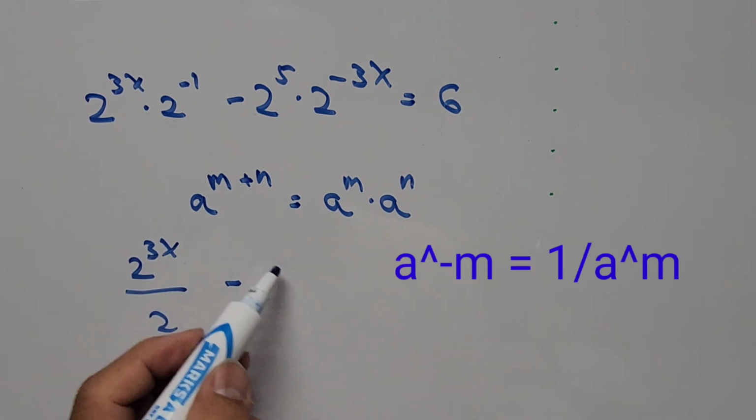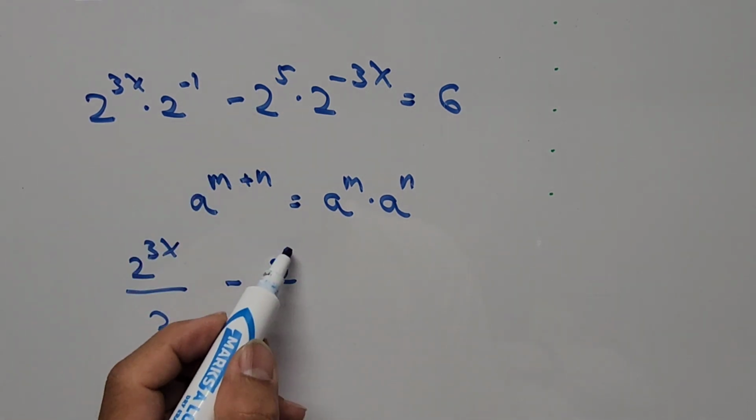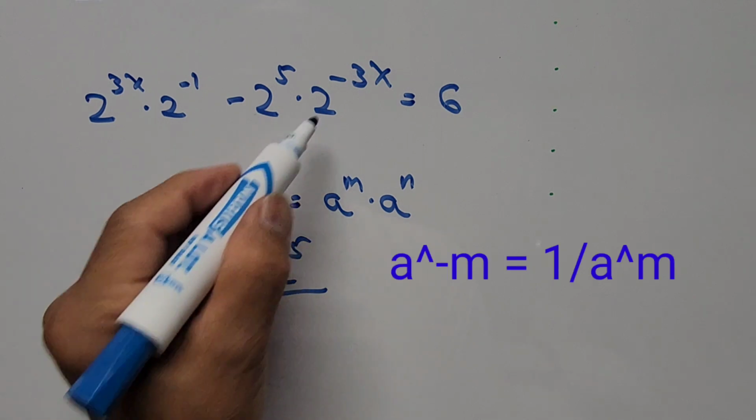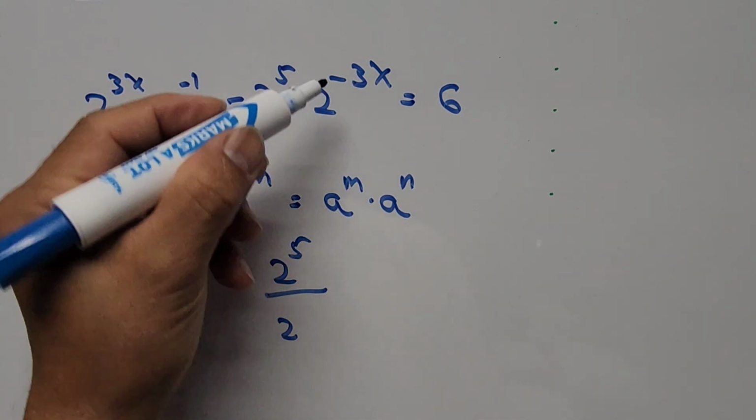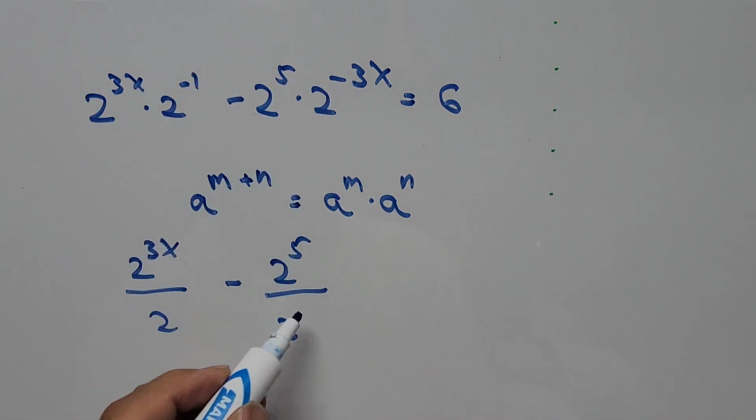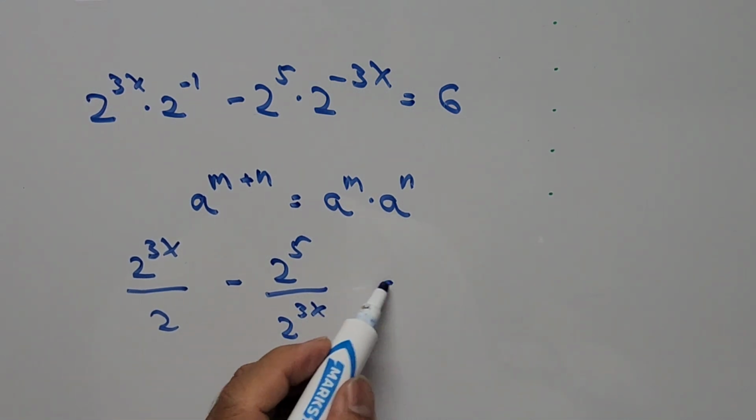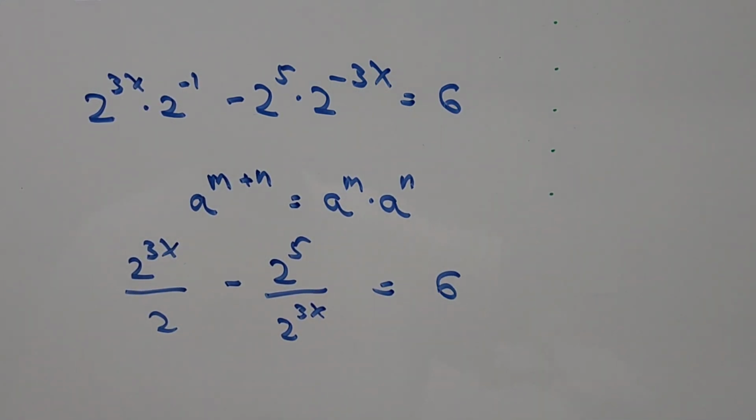Then minus 2 to the fifth power divided by 2 to the negative 3x, which here becomes positive 3x. This is equal to 6.